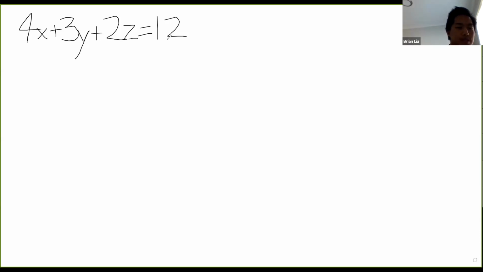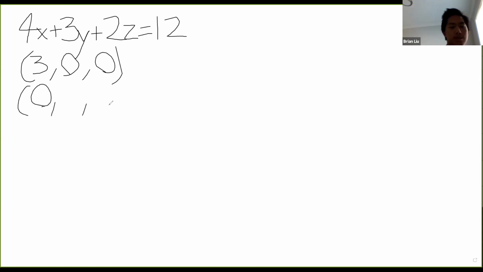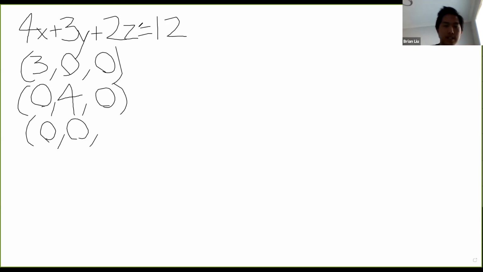So x equals 3. So 3, 0, 0 is a point. What's another point? Well, if we eliminate 3y and 2z by setting y equals 0 and z equals 0... actually, if we eliminate 4x and 2z by setting x equals 0 and z equals 0, then we get 3y equals 12, so y equals 4. And finally, if we set x and y equal to 0, then we get 2z equals 12, so z equals 6.